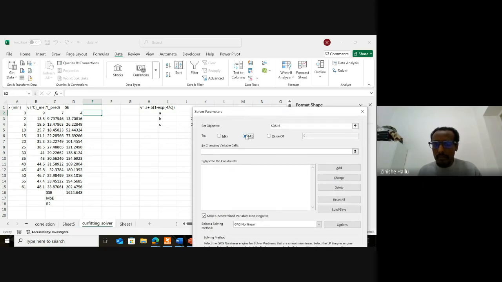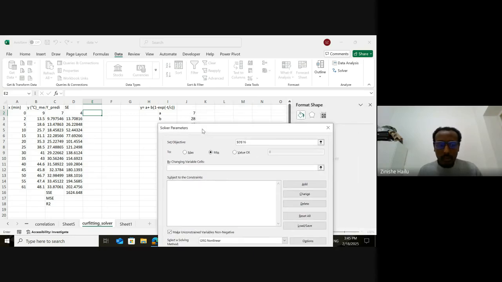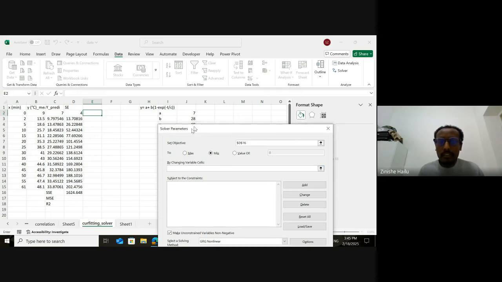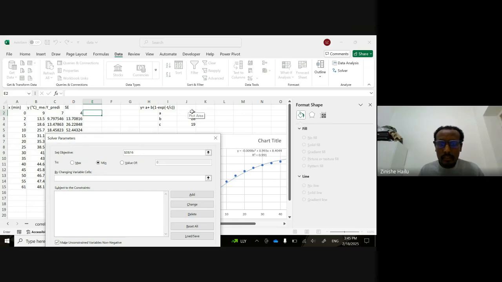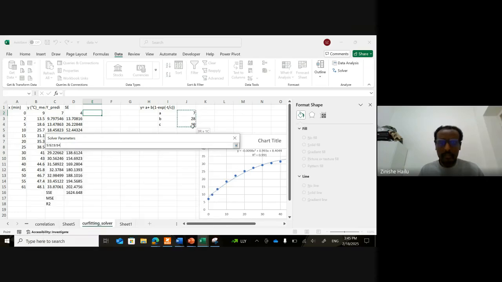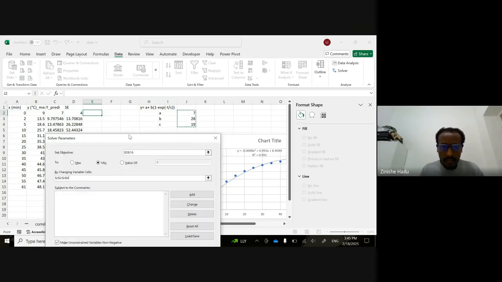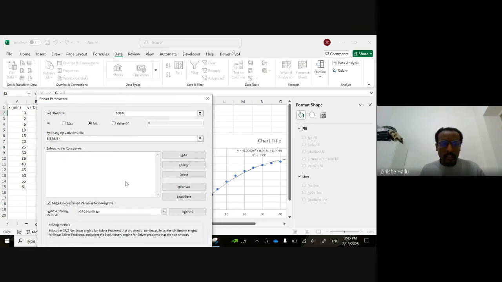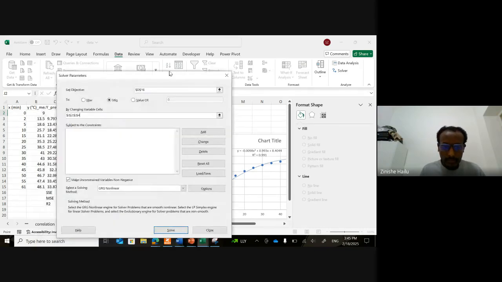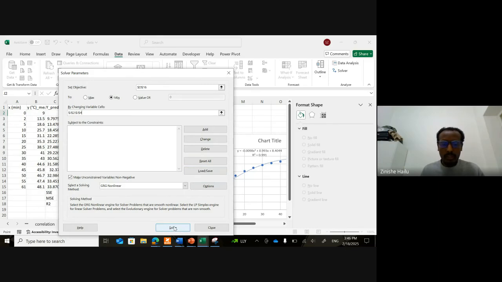The objective is minimizing this error, by changing the variables of this. And then here the solving method is the non-linear option. After that, we can solve. We click on the solve button.